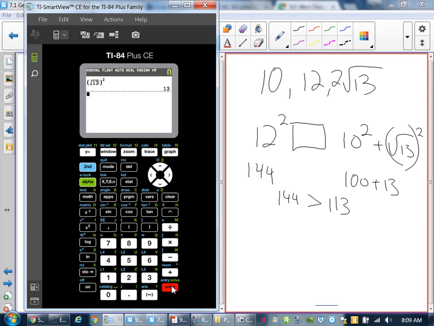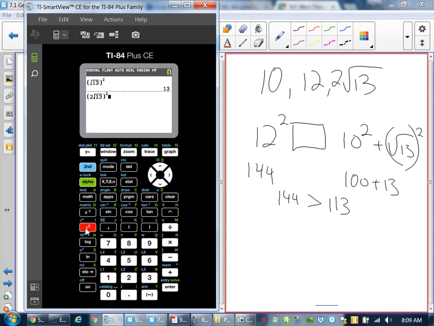You need to make sure you put it in parentheses. You have to group that whole entire number, otherwise it won't work correctly. The calculator will just square the 13 and it will not square the 2. It won't distribute that function to it.